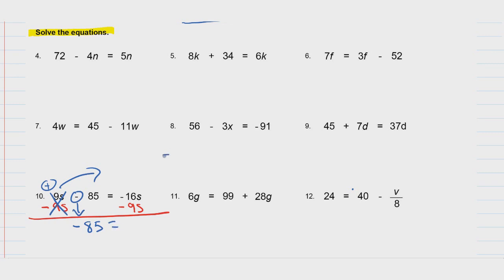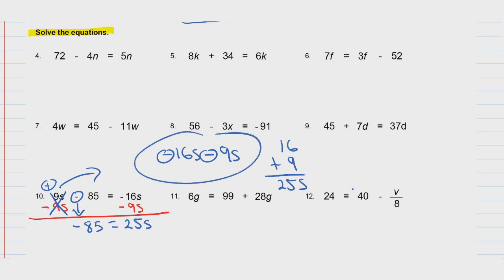Then you have a negative 16s minus 9s. Well, the signs are the same, which means we have to add. So we get 16 plus 9 equals 25s. By the way, if you're confused about this negative 16s minus 9s, think of it this way.